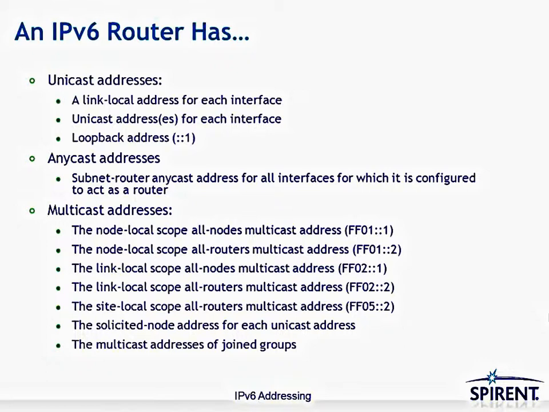The same all nodes addresses, but also all routers addresses for both node local and link local. There's also the solicited node address and various multicast addresses that the router might be joining. If it's a router, for instance, if it's running OSPF for IPv6, which is OSPFv3, there's a special multicast address for the all SPF routers in the IPv6 world, just as there was in the IPv4 world too.